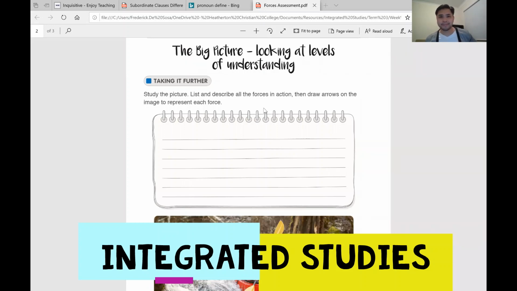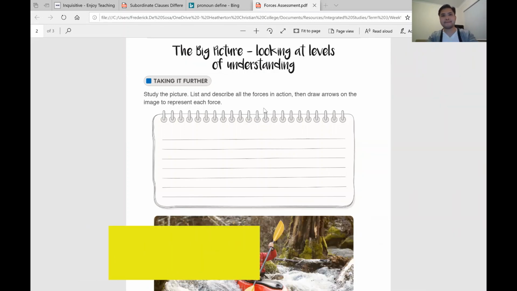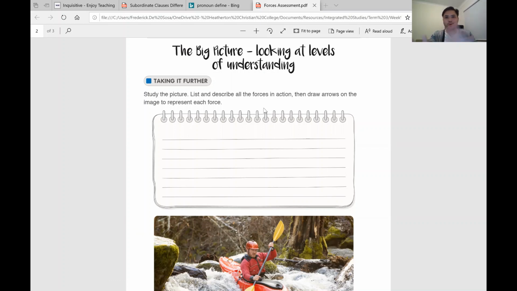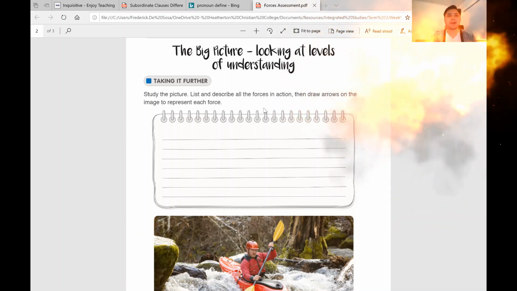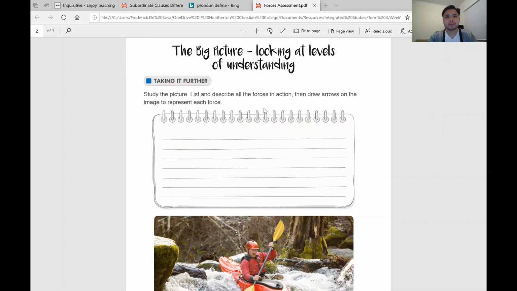All right, guys, and finally, for integrated studies, we will be starting our forces assessment. Whoa, get ready. All right, so I'll read it out for you. So this term, we have looked at several different forces that are acting all around us. In this assessment, you need to demonstrate your understanding of the topics we have covered.